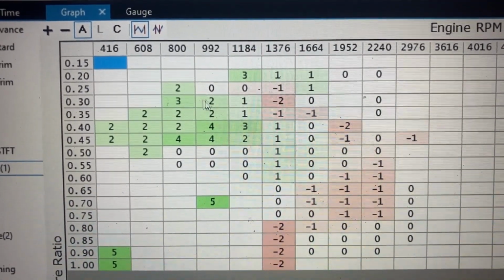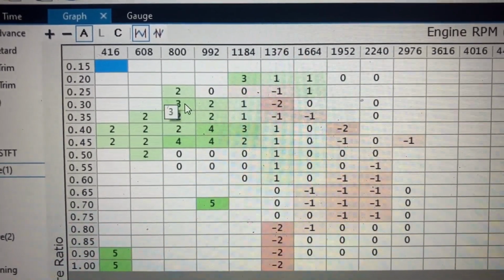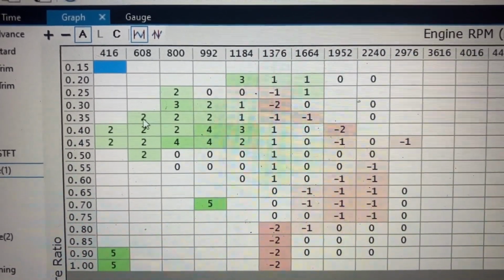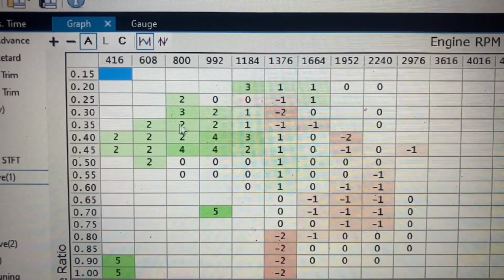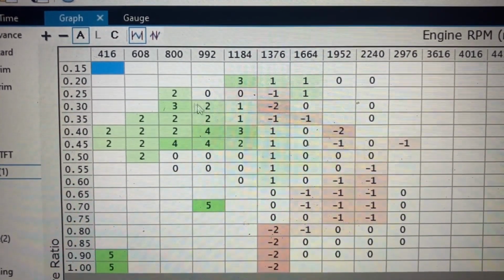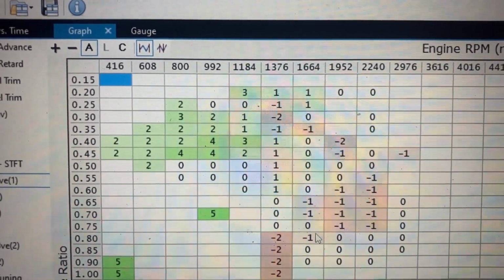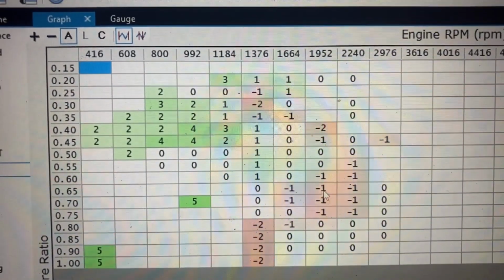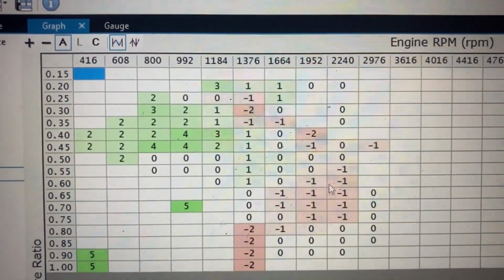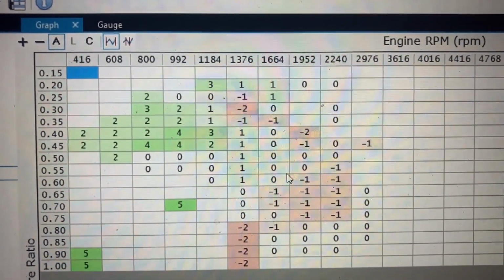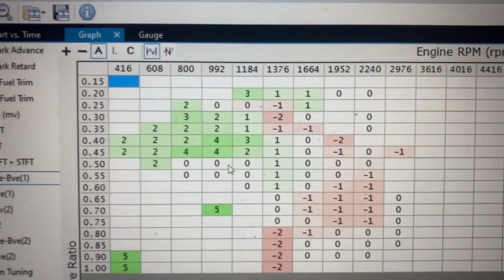All right, and like I said, all this right in here between 608, 800, 922, up to 922, this is your idle area. And a lot of this is your normal cruise area, all right? This is like your 35, 40 miles an hour cruise type of stuff, quarter throttle, no throttle. When you let off the gas, you're floating around in this area here, okay?